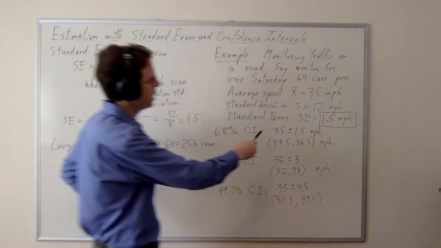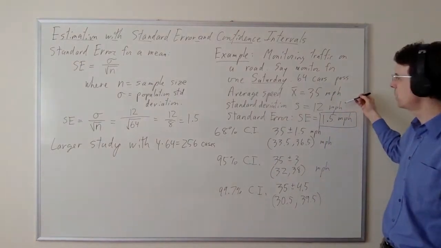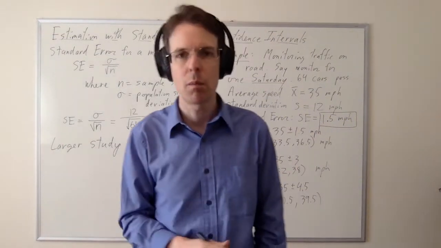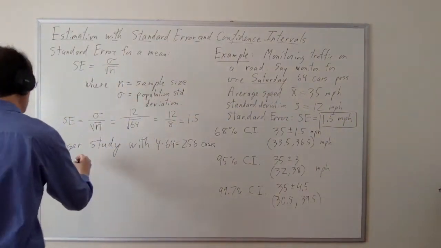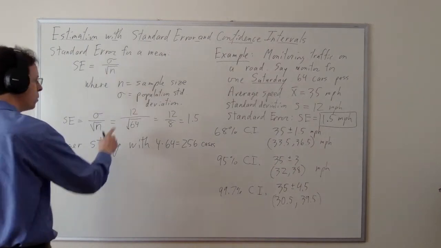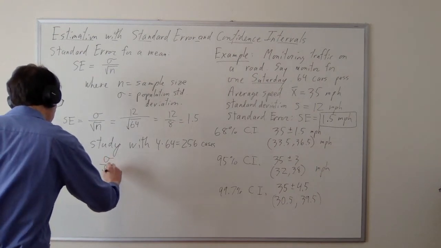Well, in a larger study, if we repeated the study, we might get a slightly different mean and we might get a slightly different standard deviation. But let's just say for the sake of argument that we got the same numbers back for those. Then we would have the standard error, which would be sigma over the square root of n.